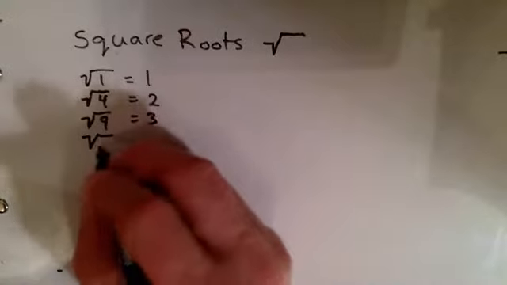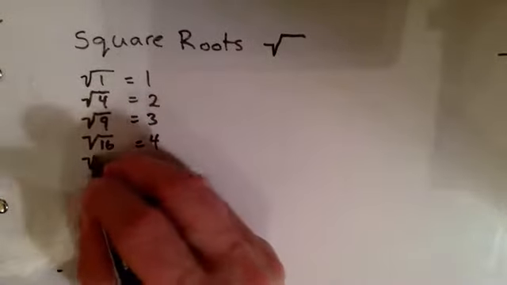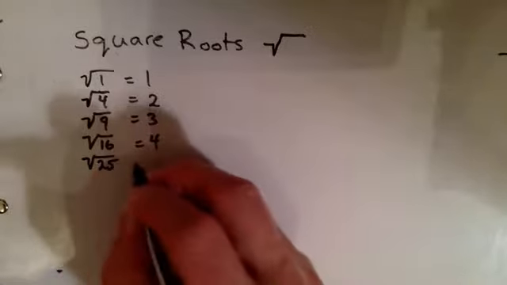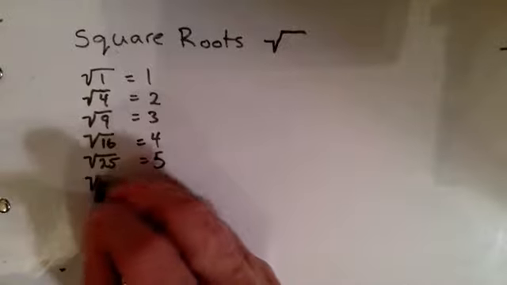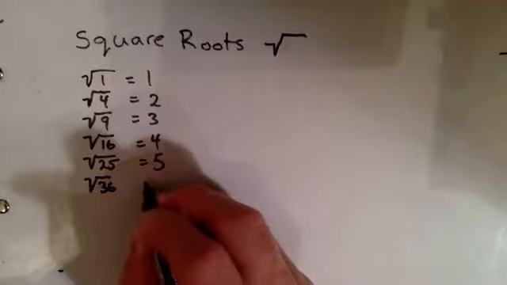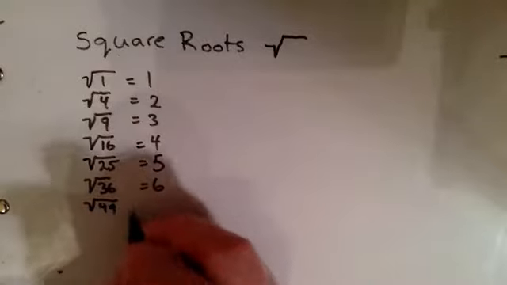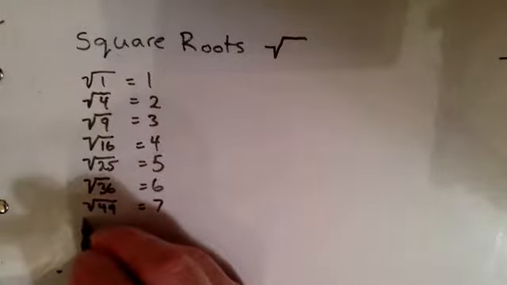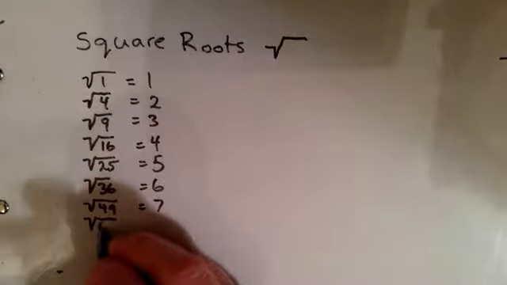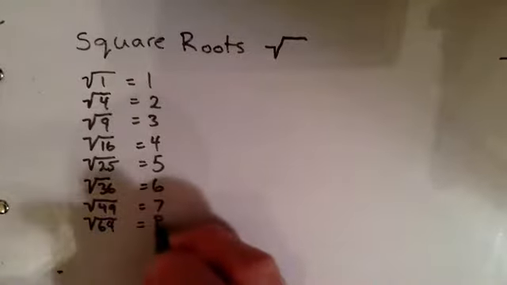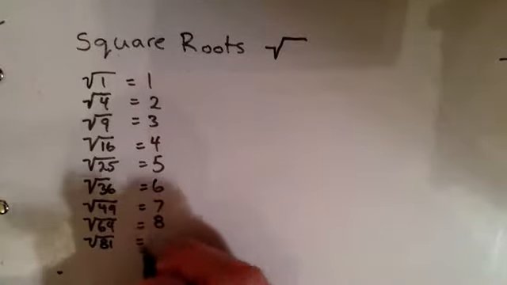Square root of 16 is 4. Square root of 25 is 5. The square root of 36 is 6. The square root of 49 is 7. The square root of 64 is 8. And the square root of 81 is 9.